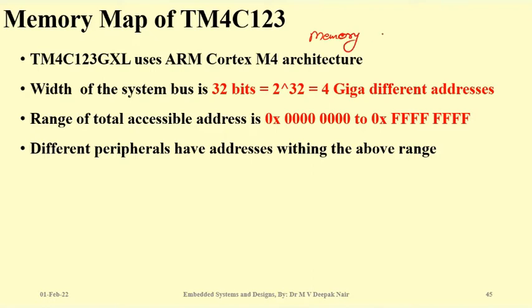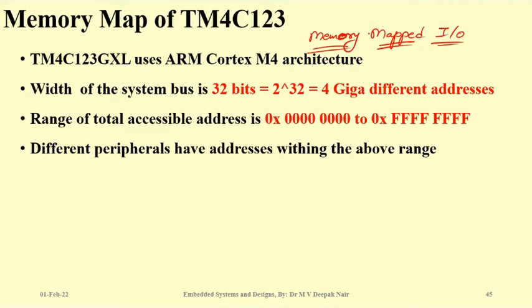Have you gone through memory mapped IO? Can you recall this particular term? Yes, sir. What happens in this technique? Everything is considered as a memory. Whether you are going to handle an IO device or a memory, the CPU does not understand the difference between the two.